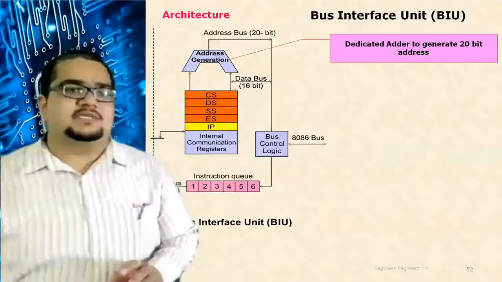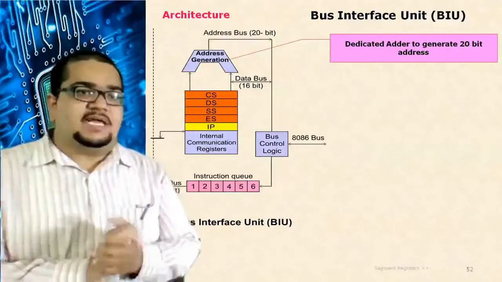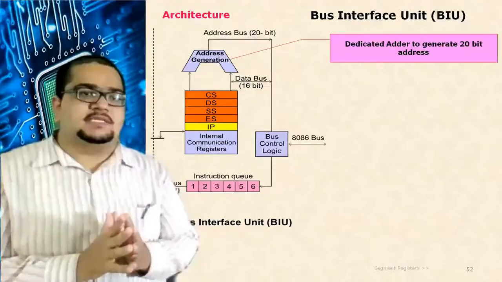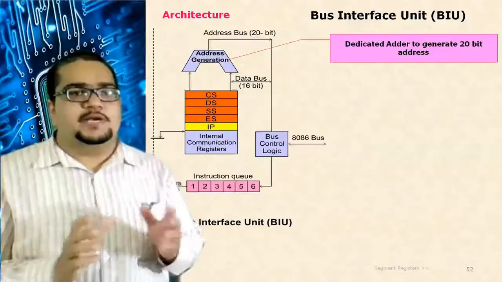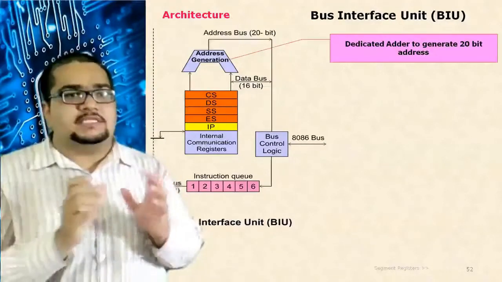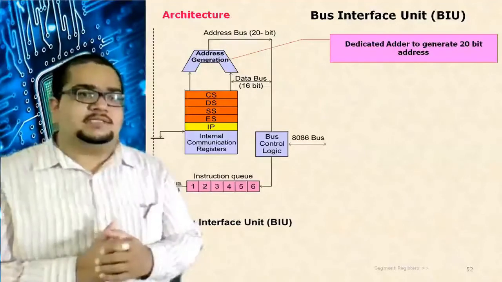So it cannot hold a 20-bit physical address in any of its internal registers. What it does is take the address and split it into two quantities, called the segment address and the offset address. Together they are called the logical address.